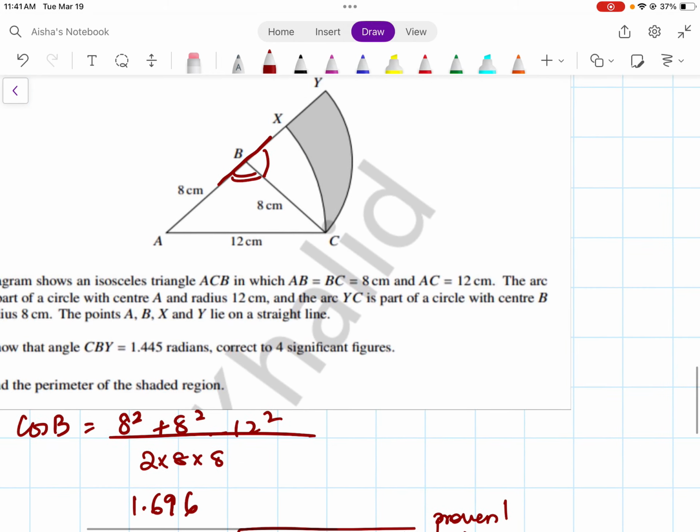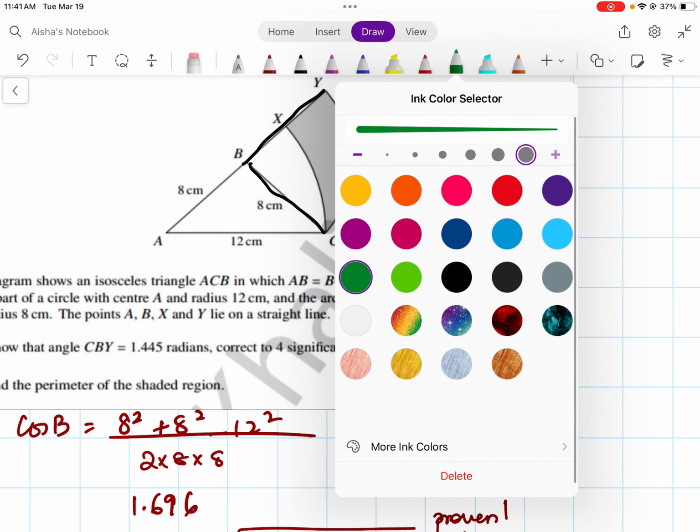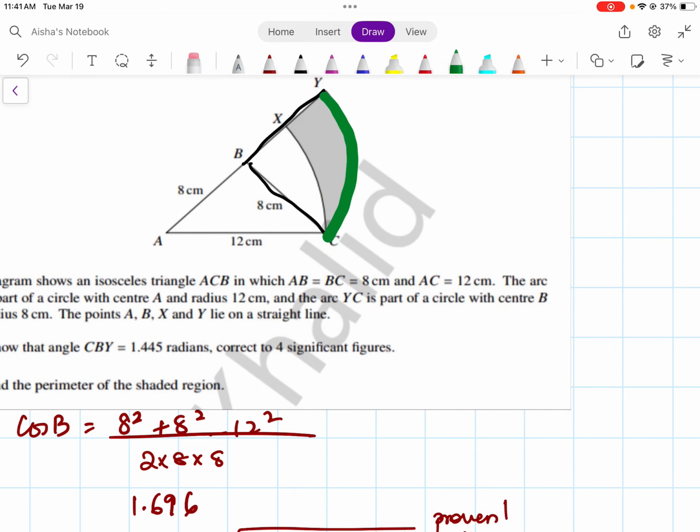Find the perimeter of the shaded region. If I consider this sector, I can find this length. If I consider this other sector, I can find this length.